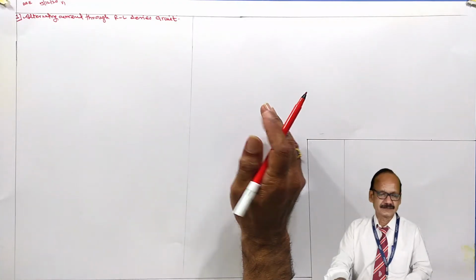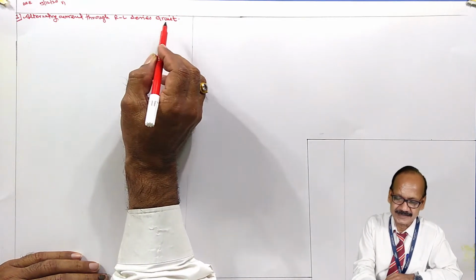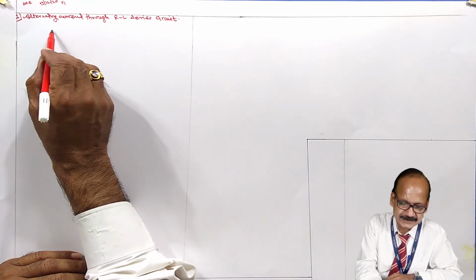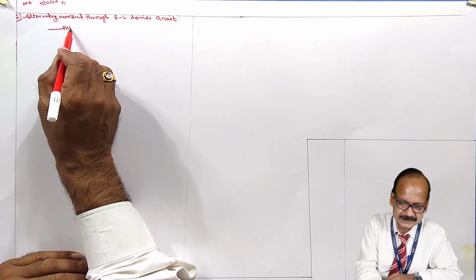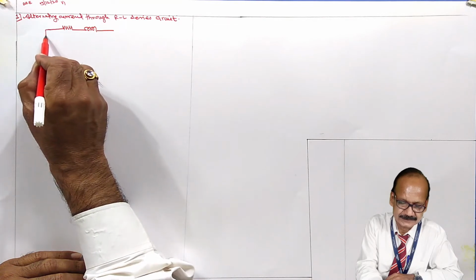So let us start. The alternating current flowing through RL series circuit. I am drawing the series circuit. Resistance and inductance are connected in series.